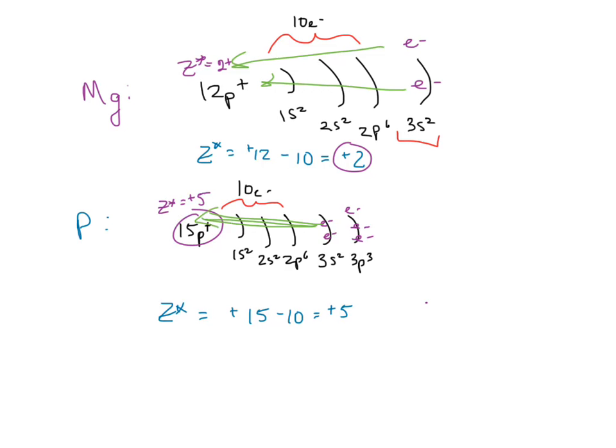So this is why they are much more attracted to the nucleus than the 2 electrons in the magnesium. I tried to show that stronger attraction by making a thicker green arrow. If the attraction is stronger, it means it's a smaller atom. And that's it. Effective nuclear charge. Do it for you every time.